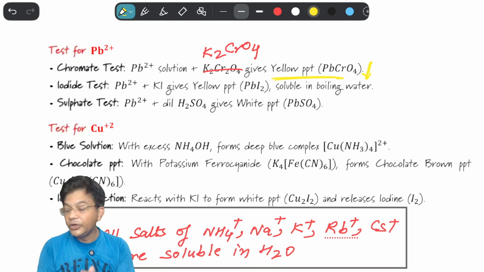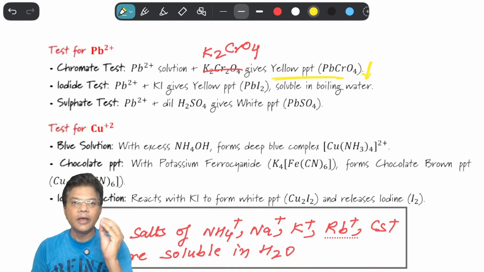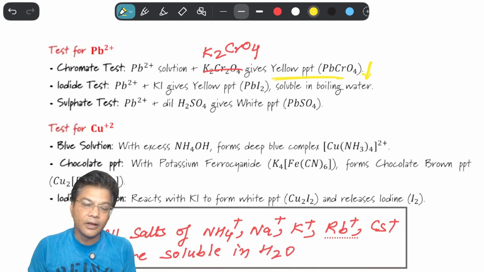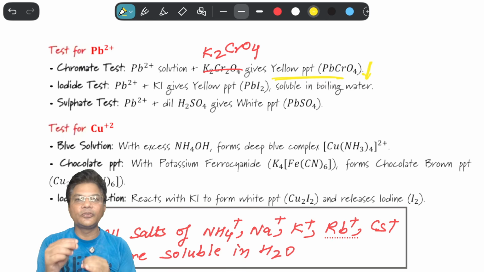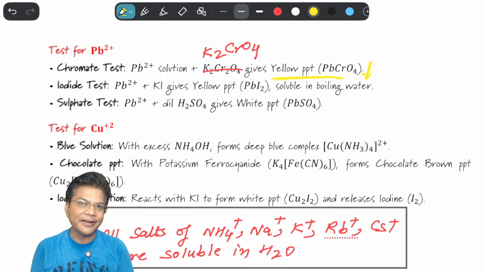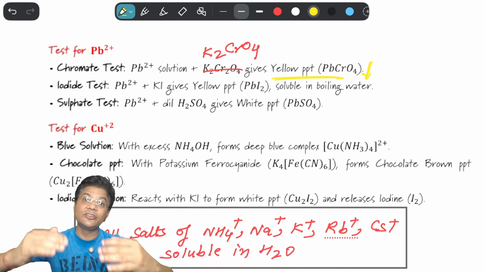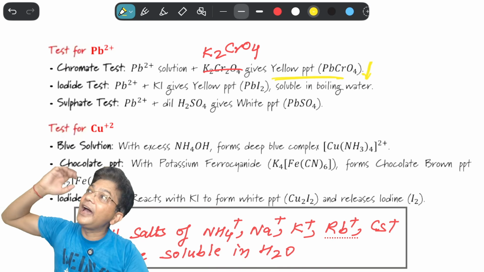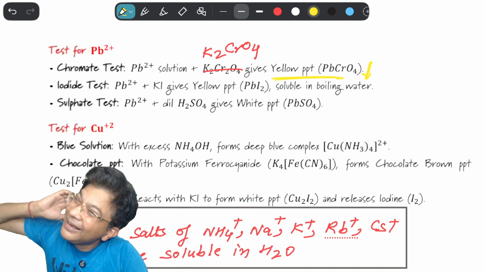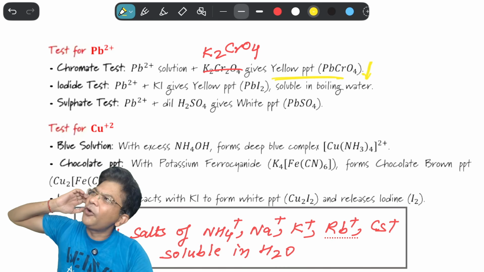Now, Cu2 plus is in group second. Remember that for group second basic radicals, the reagent is: first add dilute HCl and then pass excess of which gas? The smell of rotten eggs.